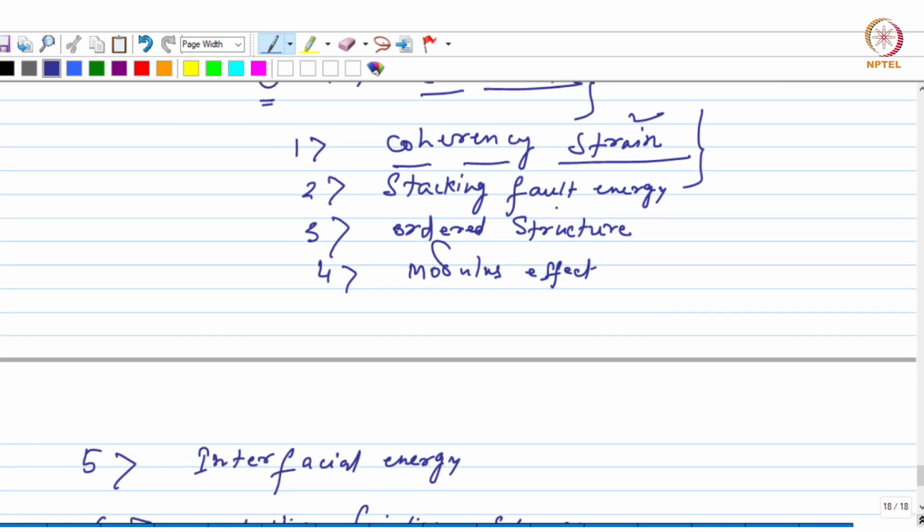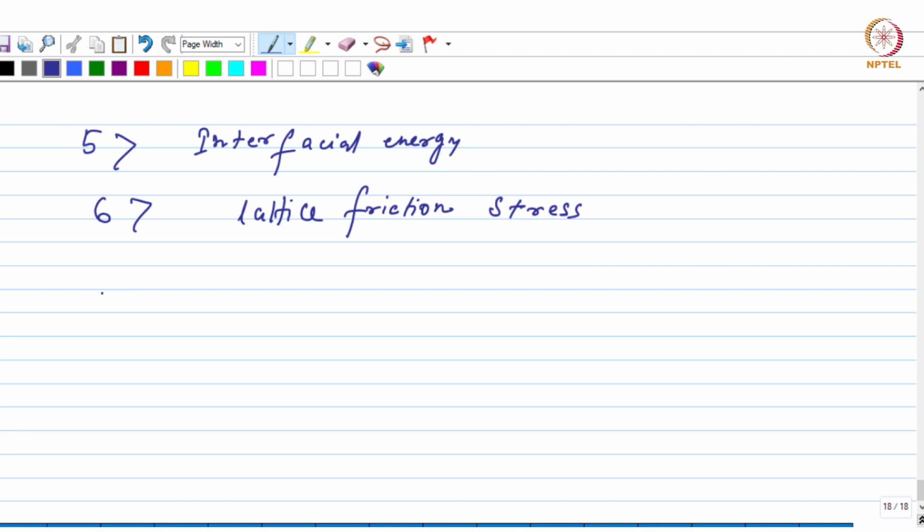Coherency strain we have already discussed, so let us go to the second one, which is stacking fault energy. This is due to the fact that the stacking fault energies of the precipitates and the parent metal are different.